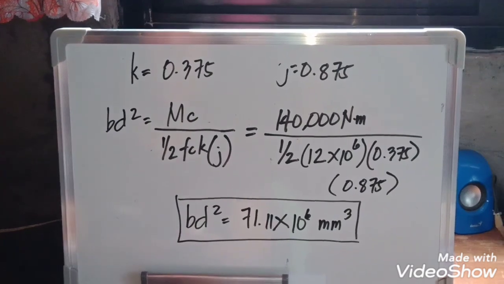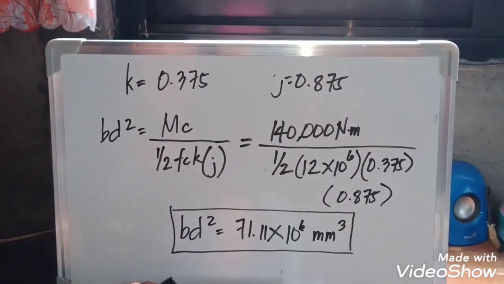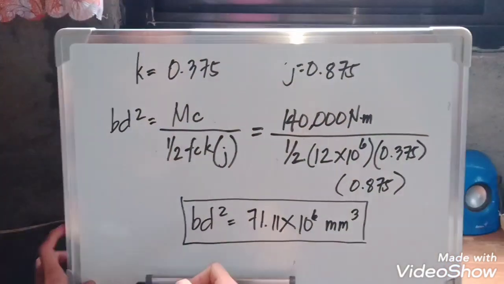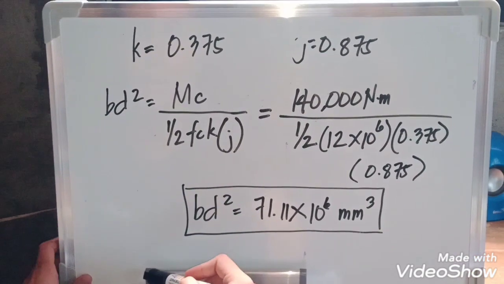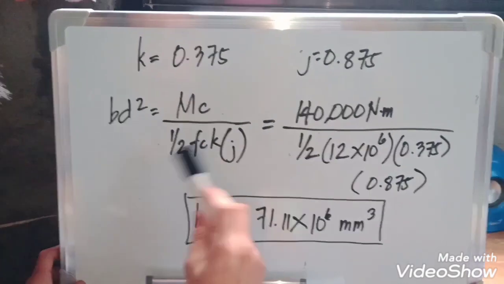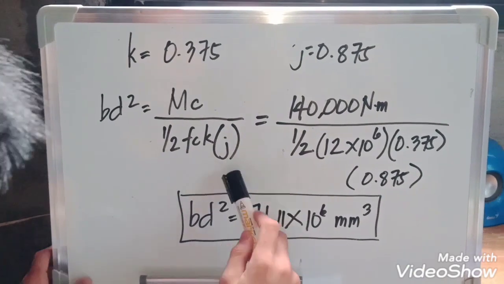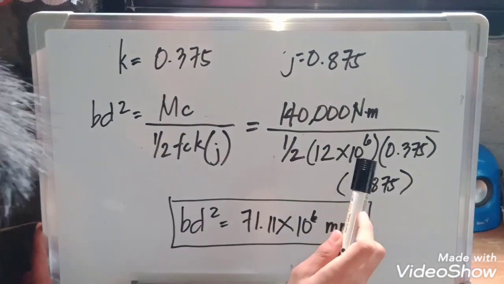Since we already found k equal to 0.375 and j equal to 0.875, recalling our derived formula from the formula of the bending moment, we have bd squared equal to M over 1/2 times fc times k times j, resulting as 140,000 newton meter.